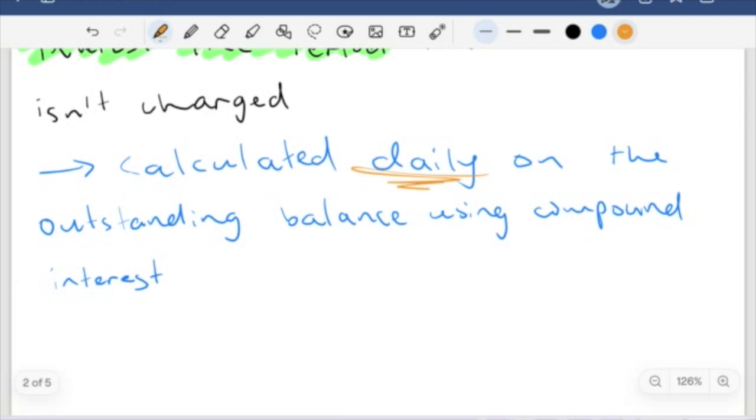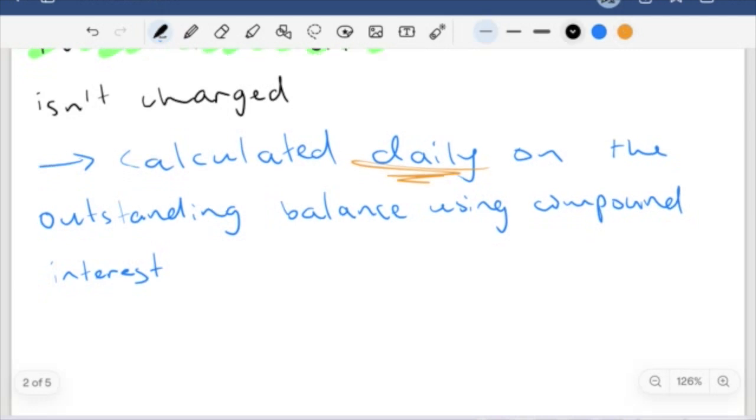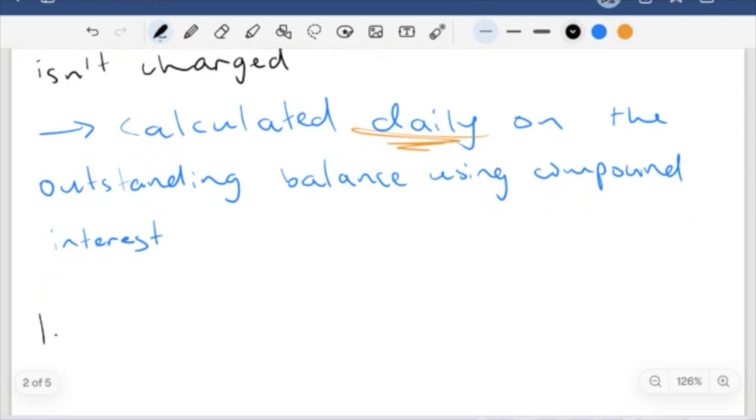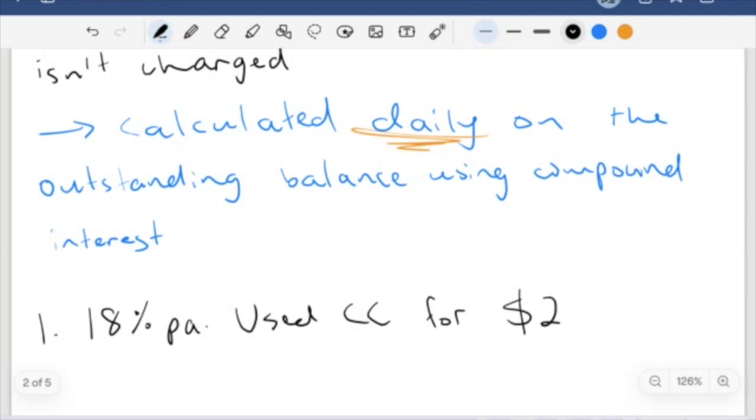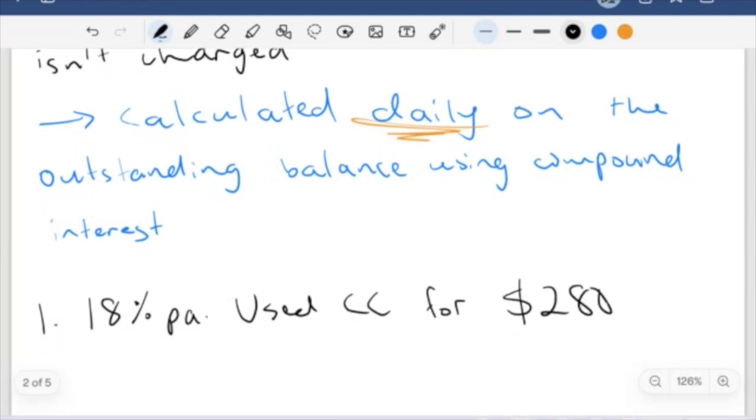Okay, so let's say we have a question where someone has a credit card with a compound interest rate of 18% per annum and has no interest-free period. Now this person has used the credit card, CC for credit card, to buy something costing $280.